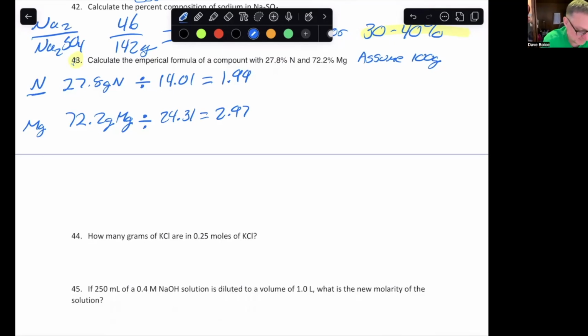Okay, and that makes pretty short work of this one. And so this is very obviously a 2 to 3 ratio. But remember, when you do an empirical formula, it seems a little long, and it feels weird, but you are still supposed to divide by the smallest.